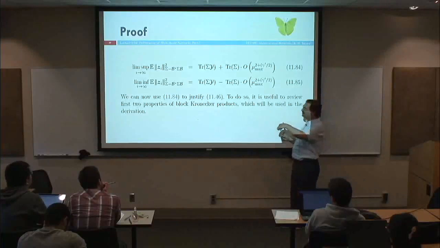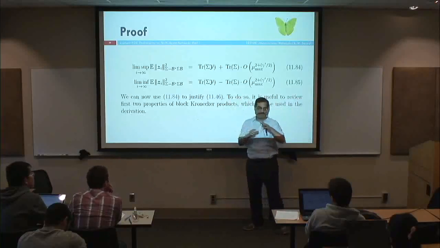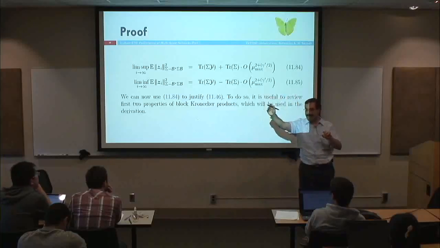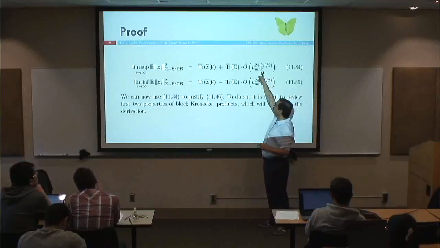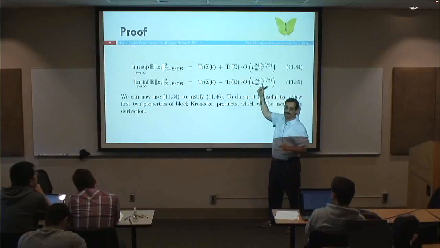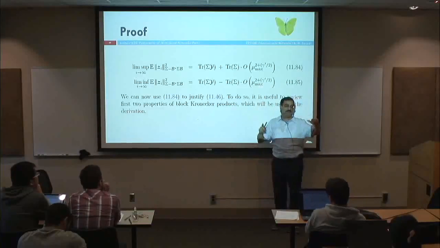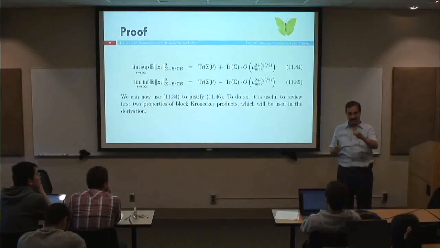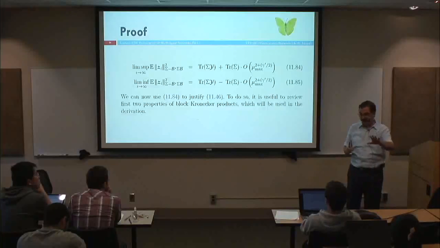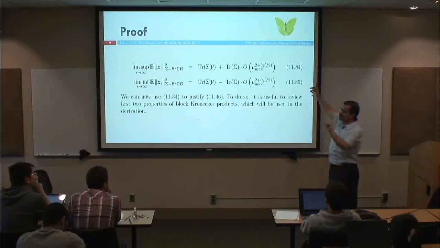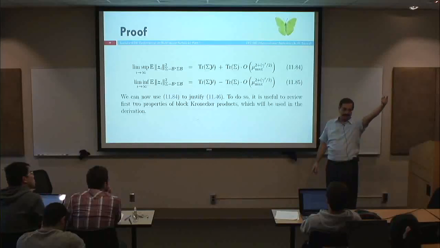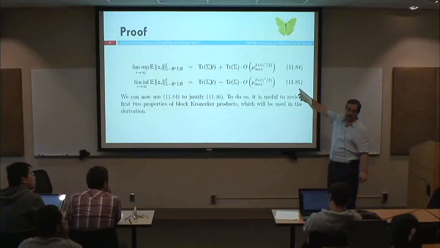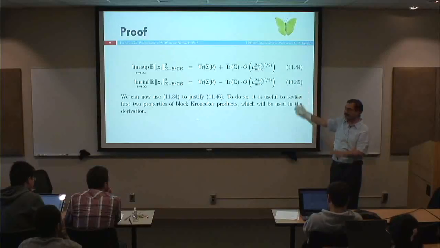I'm going to show in this lecture that the lim sup and the lim inf of the second order moment is some quantity plus a higher order term in mu, and some quantity minus a higher order term in mu. That motivated me to define the MSD by dividing by mu and then taking the limit, and then putting the mu back. Remember? So these two expressions motivate how I define the MSD. That's why I derived them here.